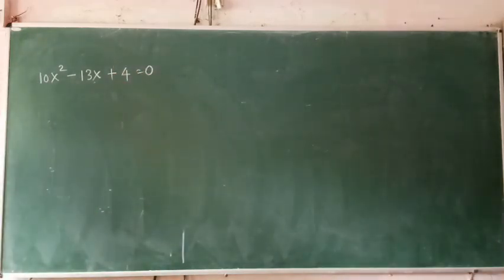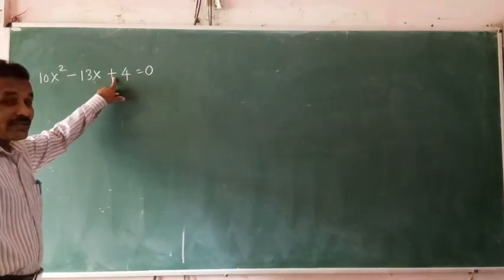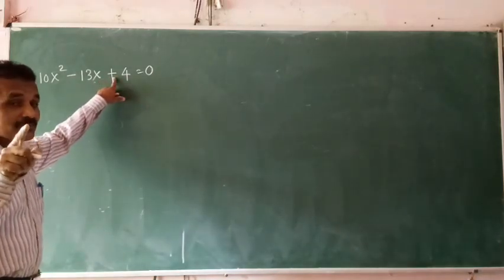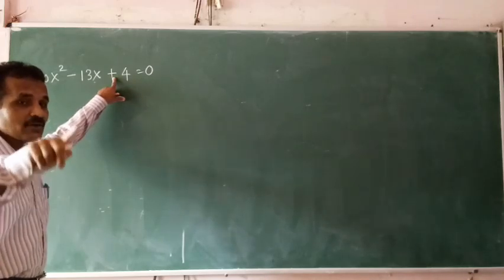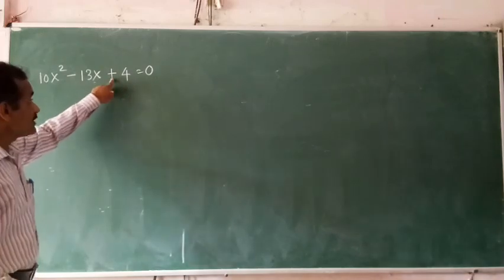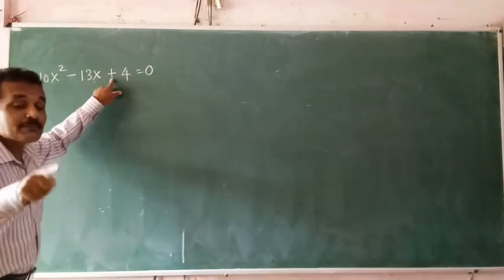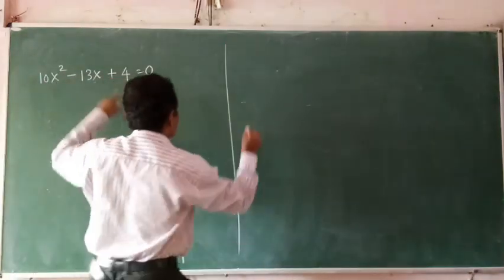Okay, listen students, the last sign is positive. I have told you, when the last sign is positive, for the middle terms you have 2 options, either plus plus or minus minus, and both have to be added. When this is plus, the middle terms are to be added. Point to be noted here. And let me go for one more problem.